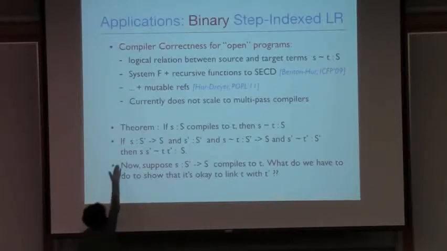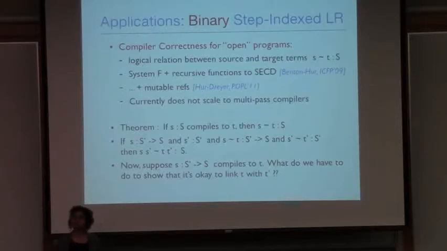Based on the bullet that I put up here, if I want to reason about linking with T prime, I need to write down an s prime that is related to that T prime first. This is not good, because someone could give me some piece of target code to link with that's a few hundred lines of assembly, and I wouldn't be able to decompile it to figure out an s prime. So I think there's still a lot of work to be done here.